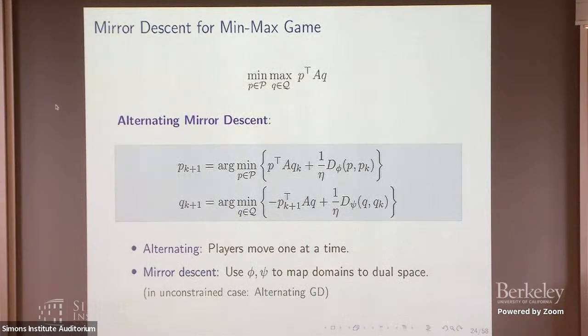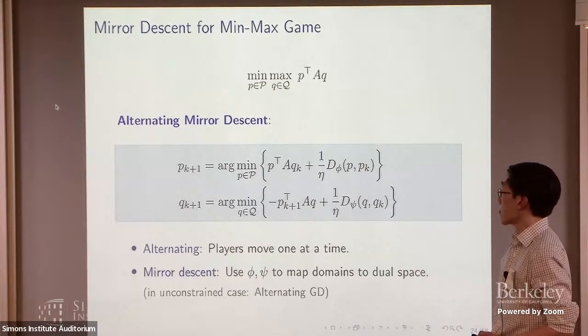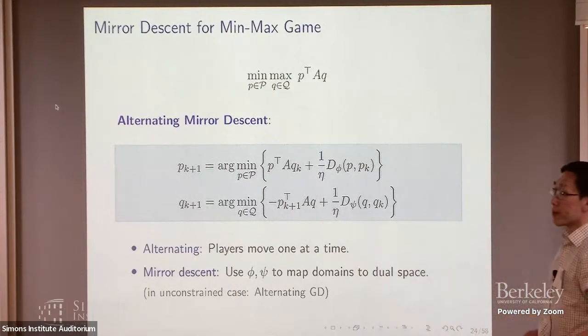Alternating gradient descent ascent would be an algorithm where I first apply an improvement to p_{k+1}, and then in the second step I have p_{k+1}. Okay, sorry, it was a little bit fast for me. It's fine. Please feel free to ask questions.